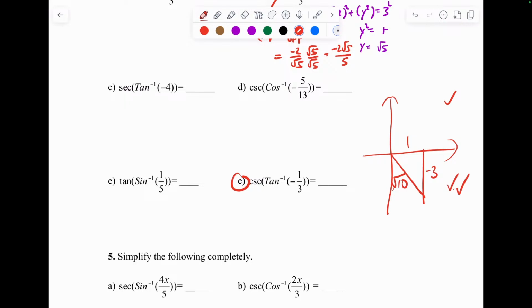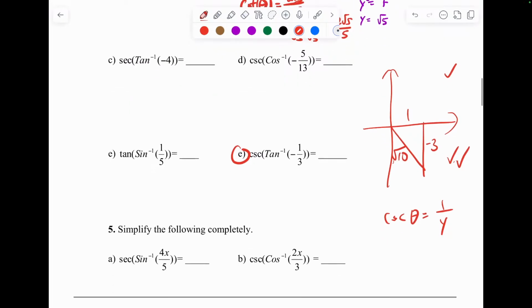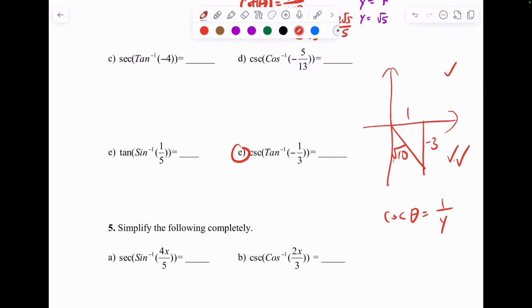Okay. So cosecant of theta is equal to 1 over y, right? Wait, it's 1 over y or y? Oh, hold on a second. Secant theta is what?